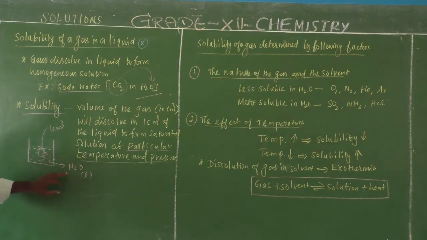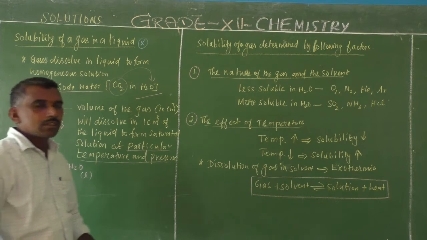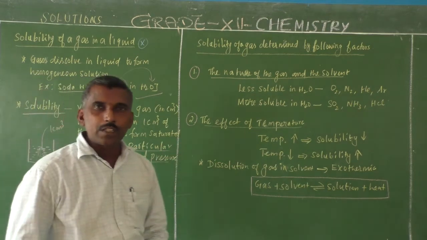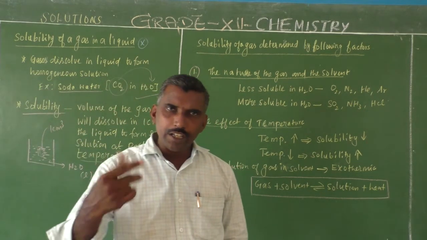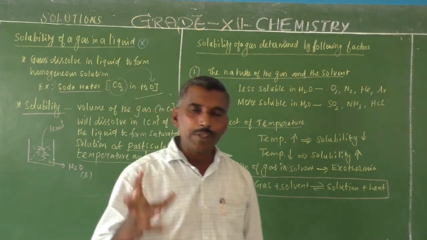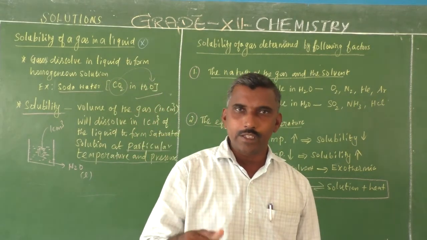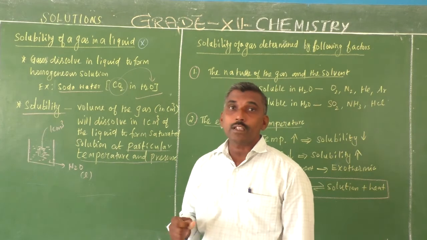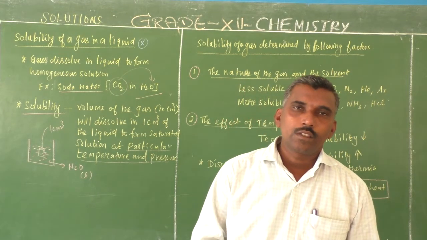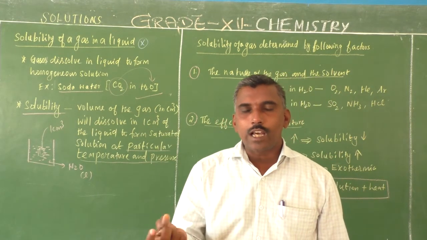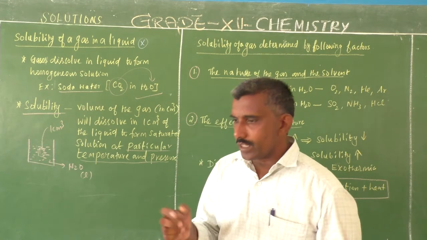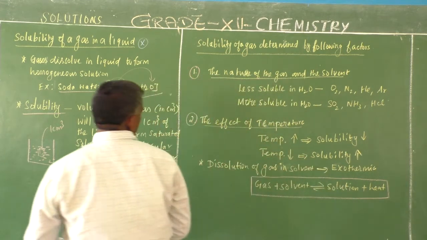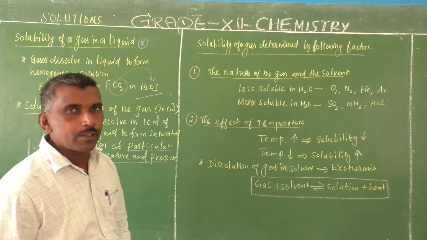Second, effect of temperature: if temperature increases or decreases, solubility may increase or decrease. Third, effect of pressure: if pressure increases, does solubility increase or decrease? The effect of pressure is a very important topic.